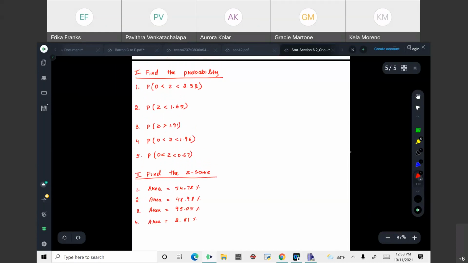I want you to calculate the probability and the z-score for the given questions. When I say z-score, it is standard normal distribution. So for the first one, it is standard.